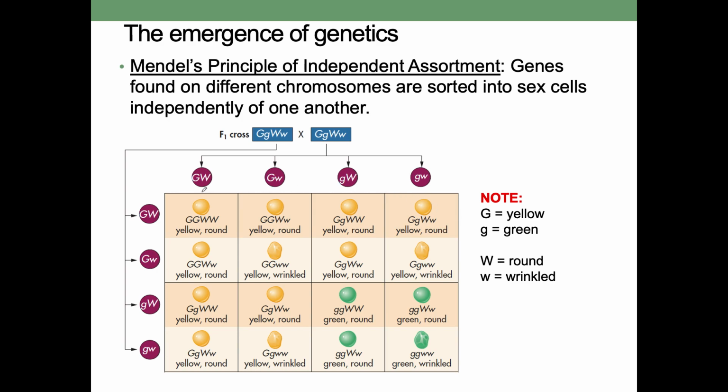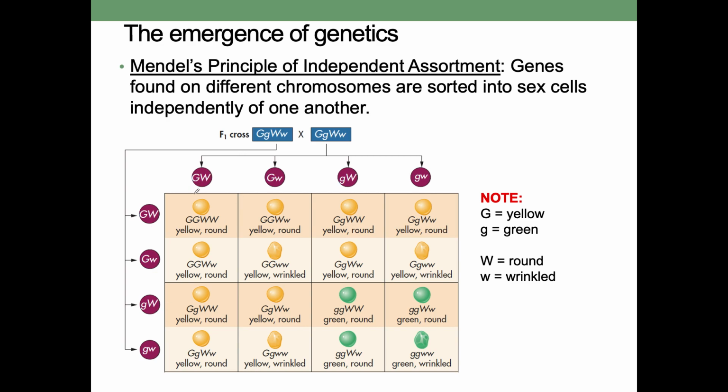And so here are the different possible parental genotypes, right? In other words, homozygous dominant and homozygous recessive, or heterozygous.